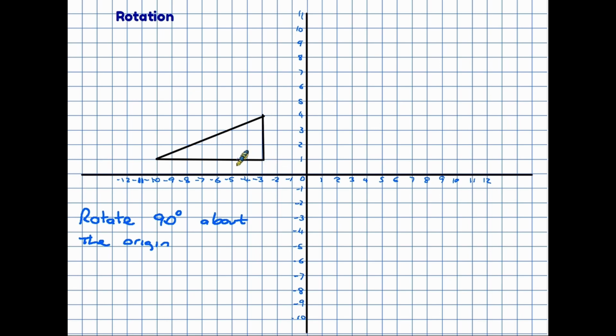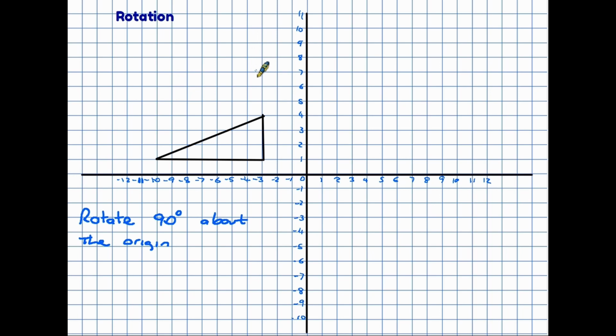You would draw the shape on your tracing paper, put the point of your pen or a compass on the origin, the point of rotation, and you would physically turn the tracing paper 90 degrees and then redraw the triangle in its new position.